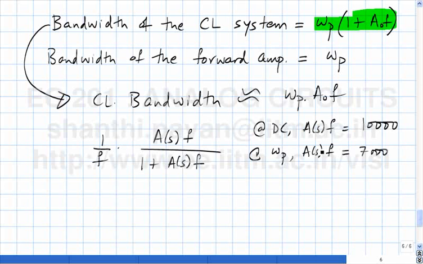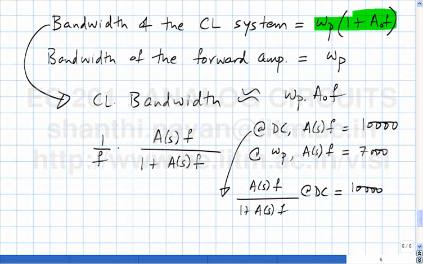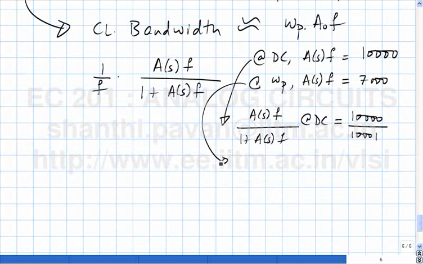But let's see what happens to A of s times f by 1 plus A of s times f at DC. Is how much? 10,000 by 10,001. In reality, please note this has to be a complex number. Just to get orders of magnitude, I'll take the magnitude and go with it. It's not correct, but to give you an idea, at omega p, what is A of s f by 1 plus A of s f?